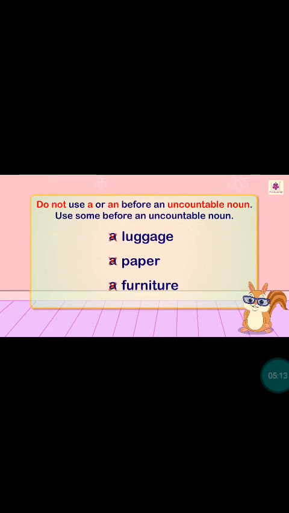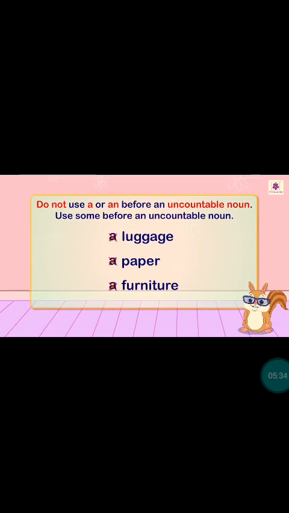We cannot use a or an for uncountable nouns. We only use some before an uncountable noun.